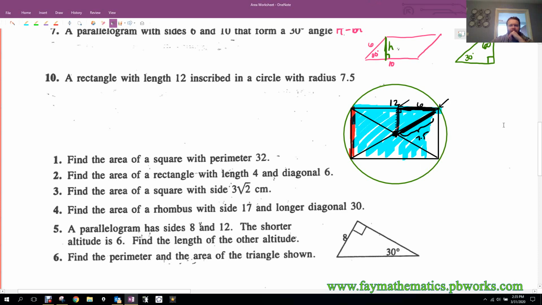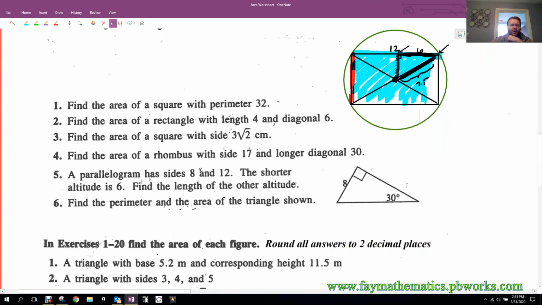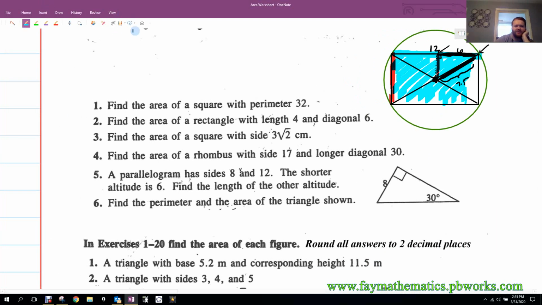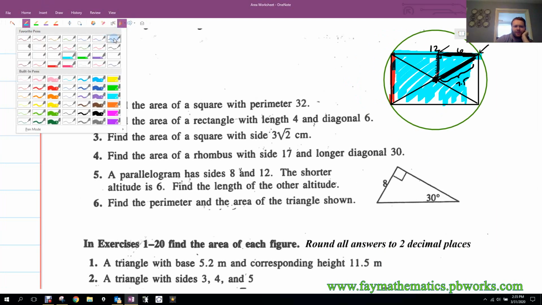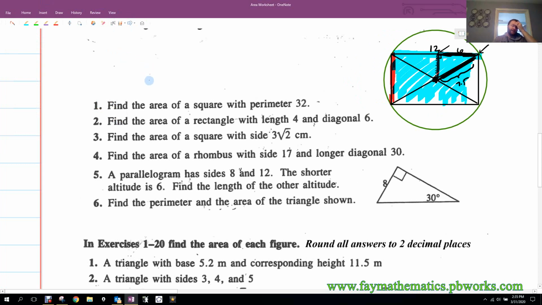This next one here says find the area of a square with a perimeter of 32. So a lot of times as we get further into math, they start giving you information hidden inside or implicitly given in other formulas. So the perimeter of a square is 4 times s.